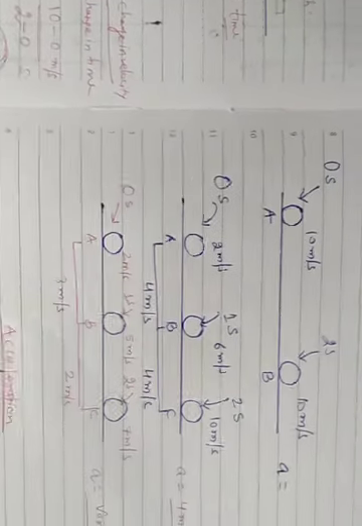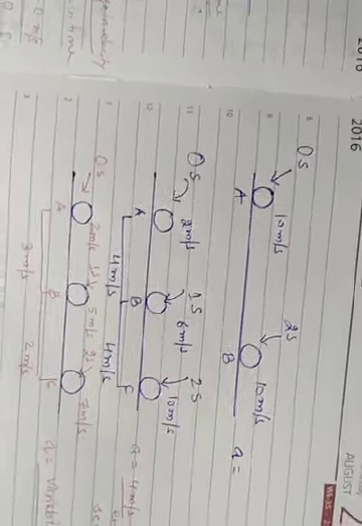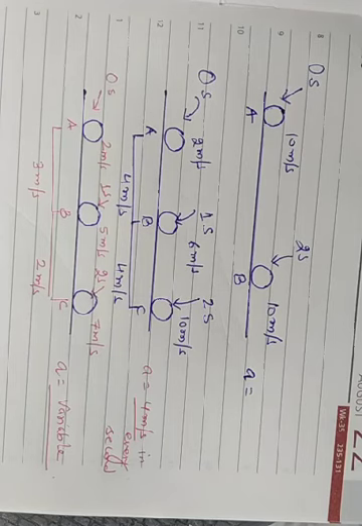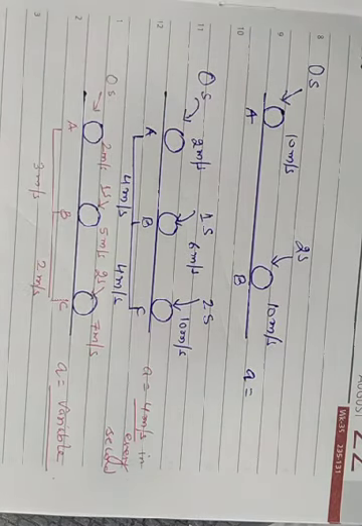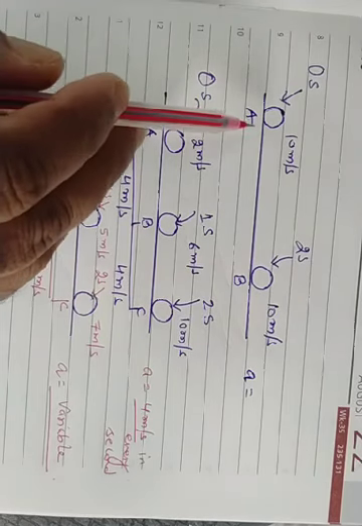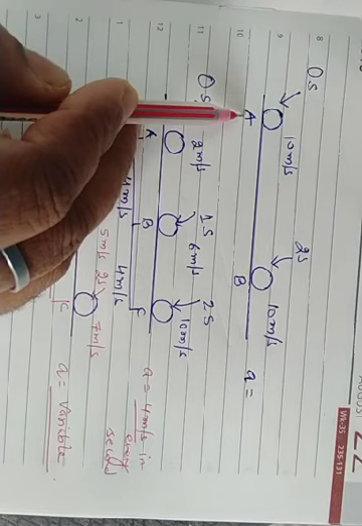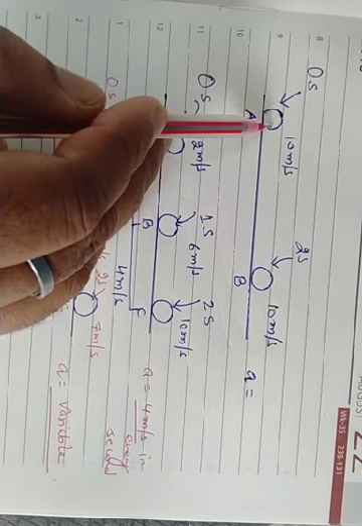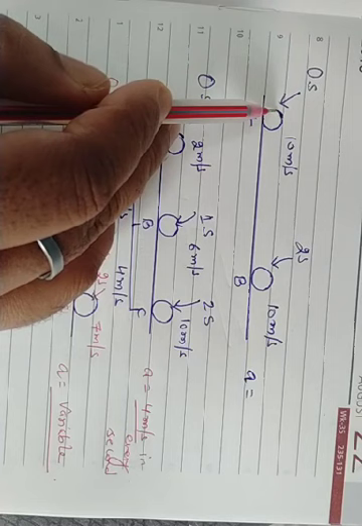Now here, students, let's see that this is the position of the body, A, having a speed of 10 meter per second at 0 second.